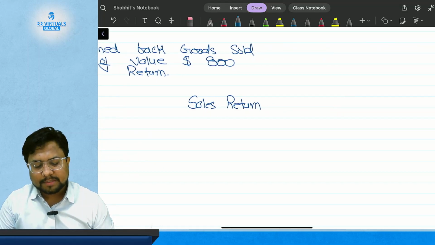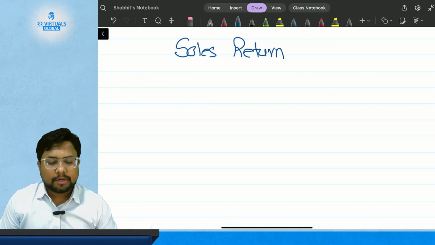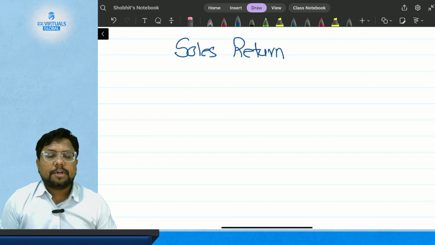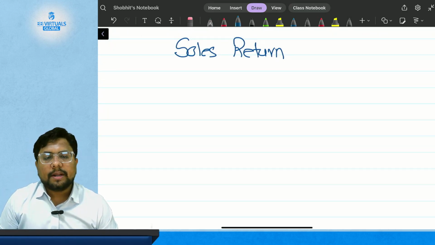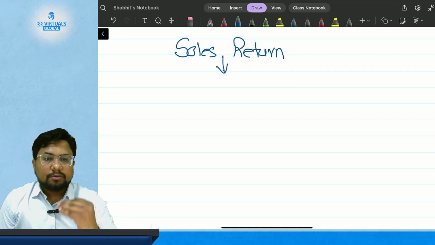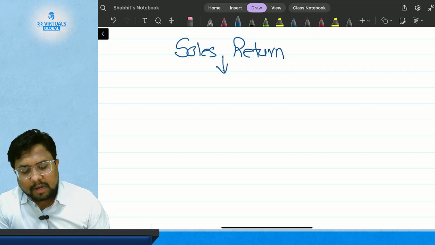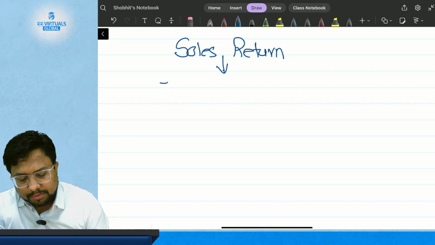Now we come to our second element, that is sales return. If you remember what we studied in chapter number 4 regarding sales return, it is the sending back of goods by the customer. There are two choices.